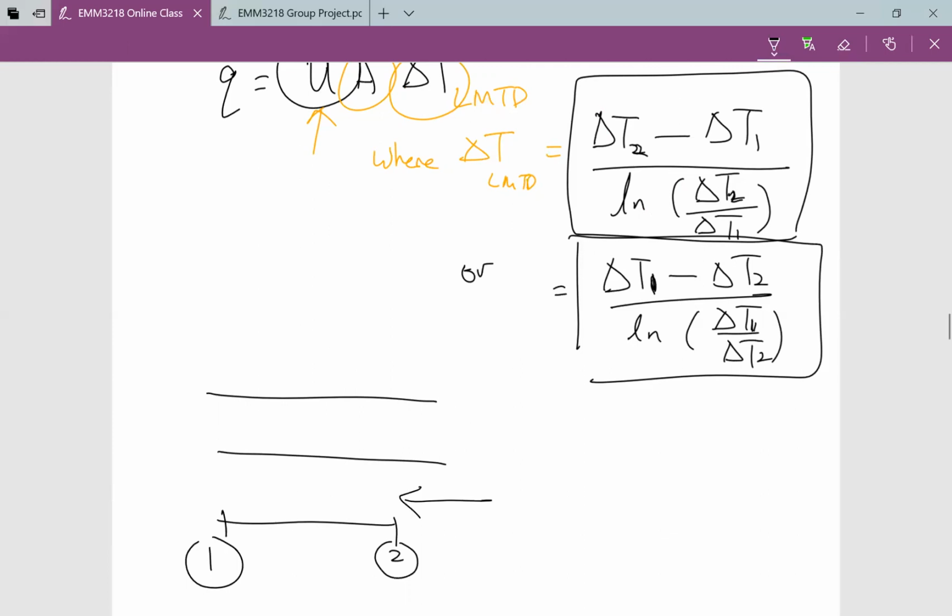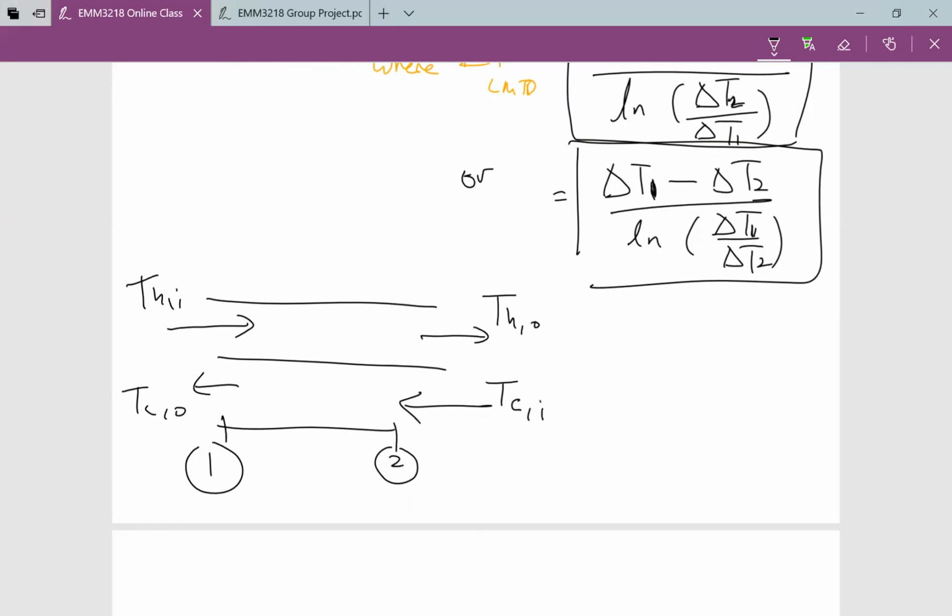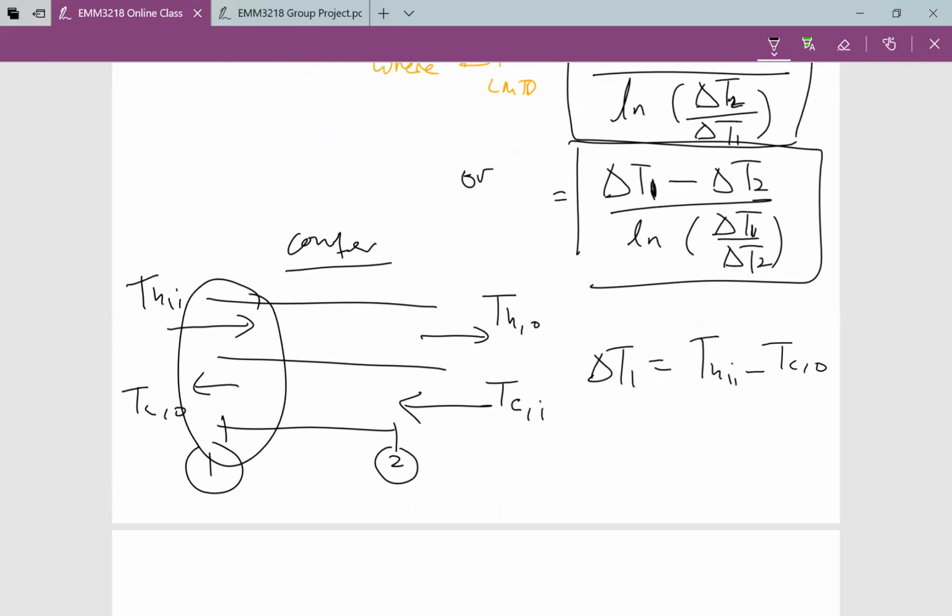Cold will come from the other side. This is hot. So this is T cold inlet, leaving at T cold outlet. This is T hot inlet, leaving at T hot outlet. According to this arrangement, delta T1 will be T hot inlet minus T cold outlet, and delta T2 will be T hot outlet minus T cold inlet.